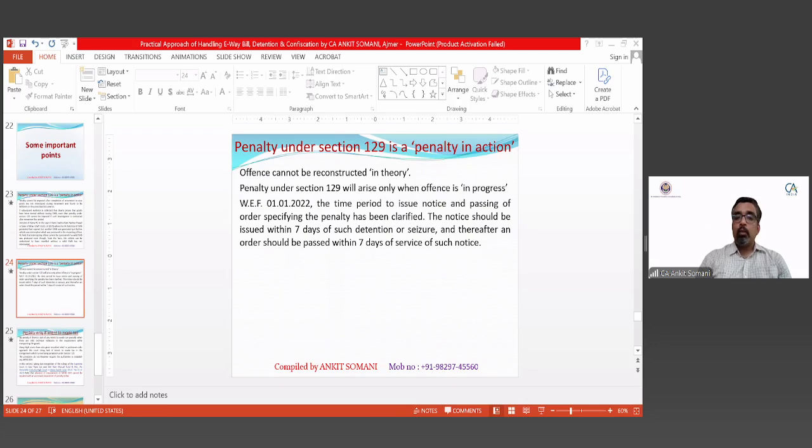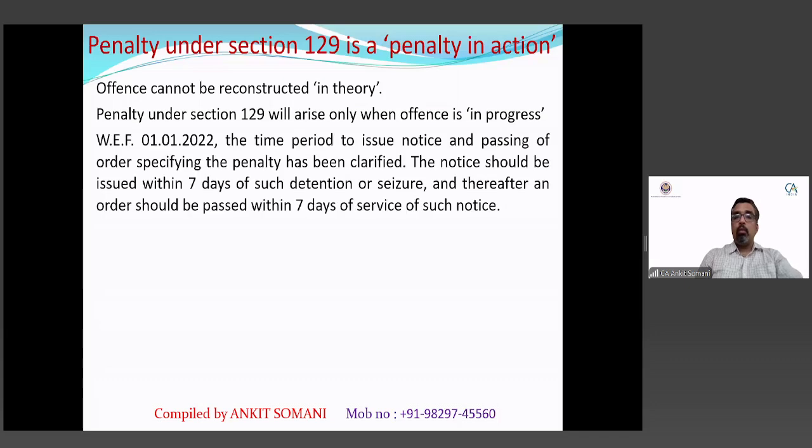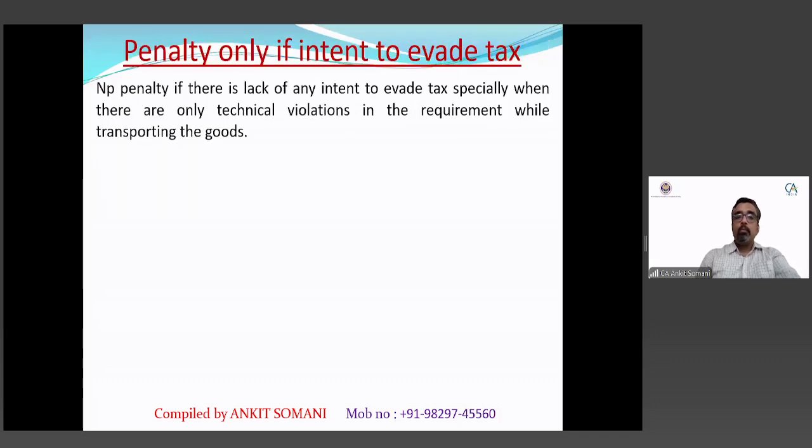See further. Penalty should be levied only if there is intent to evade tax.